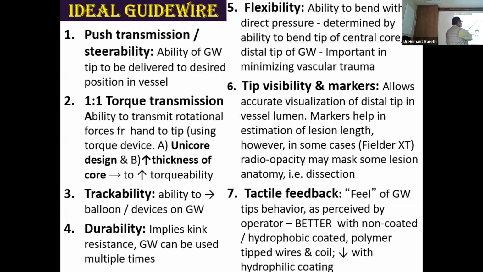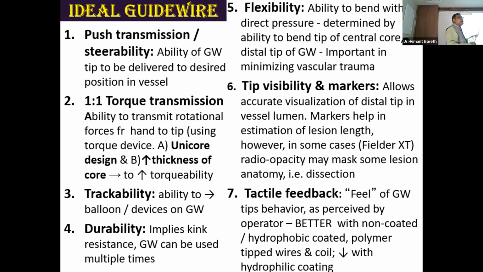Then, of course, mostly, as you know, from where the coil starts, just before that part, there may be a shaping ribbon, and that whole thing from the shaping ribbon to the coil tip, to the tip of the wire, will have radio opacity. Through that radio opacity you can see the length of the wire, and typically the radio opacity is 30 mm, or 3 cm. But in some cases, there may be a different radio opaque length of the tip.